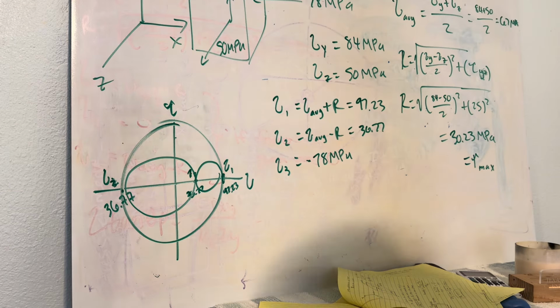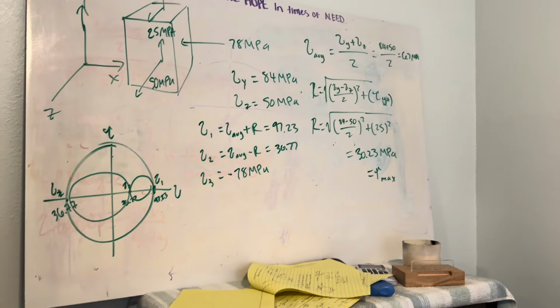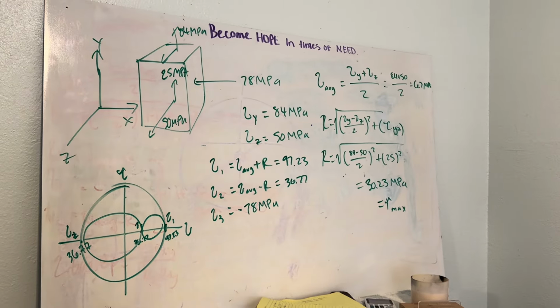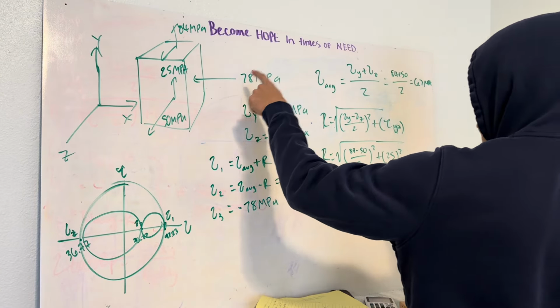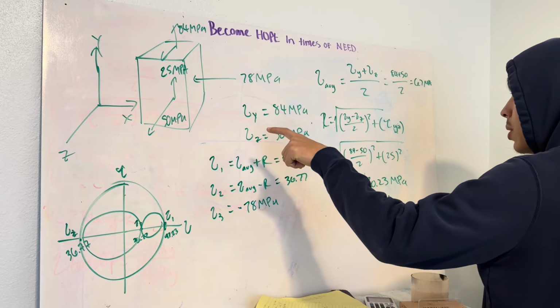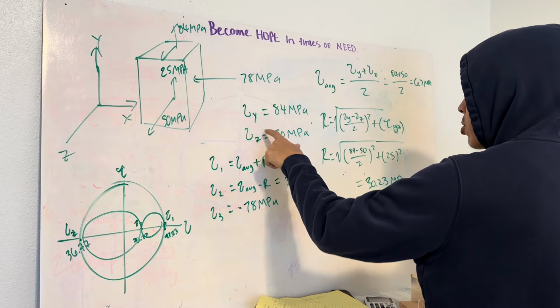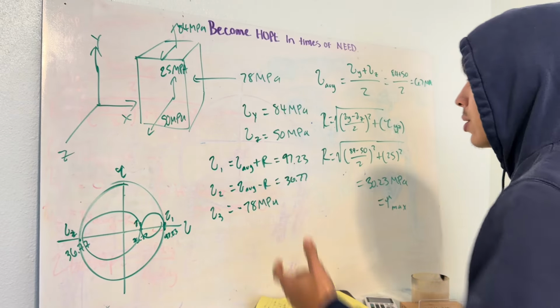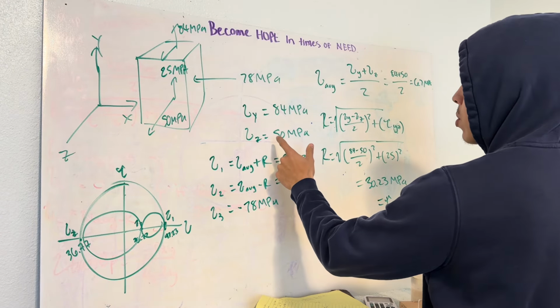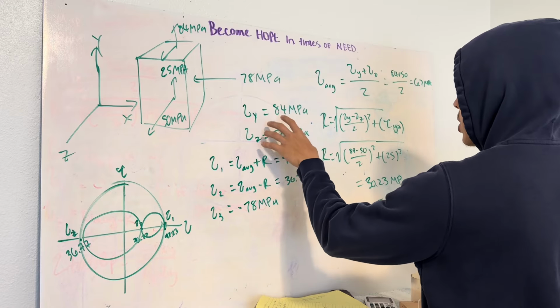So remember, just to go over everything, okay? You're given a stress cube. You have your forces in a certain direction. You label what your stress is on whatever plane the question is asking. You mark and identify those stresses.